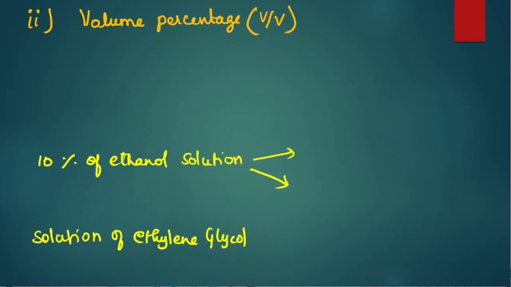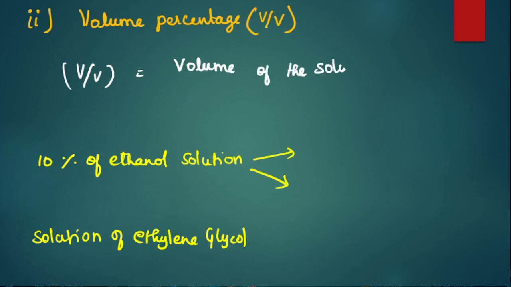Now moving on to the volume percentage. Volume percentage is similar to mass percentage, but you use a component called volume over here. So your volume percentage is equal to volume of the solute divided by the total volume of solution into 100.